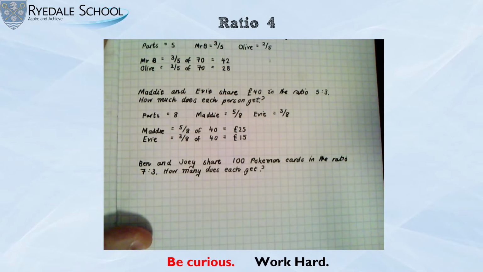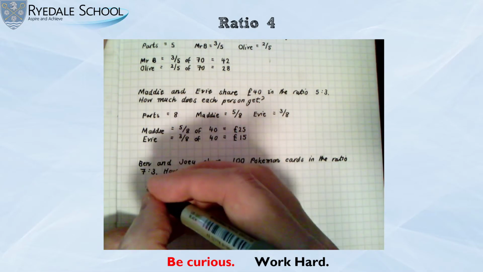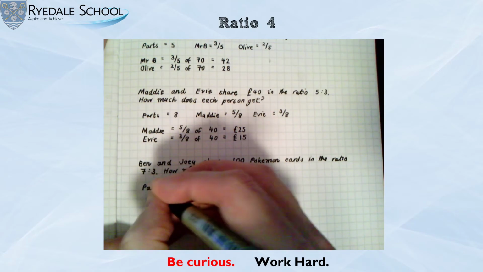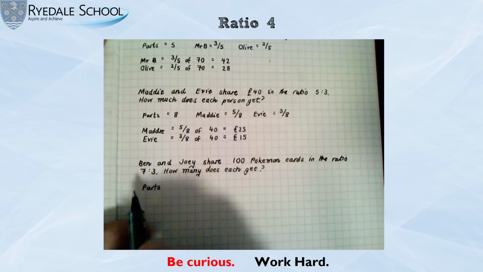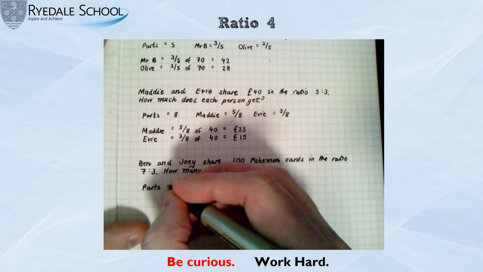Got Ben and Joey sharing 100 Pokemon cards in the ratio 7:3. How many does each get? So, how many parts do you think it is? It's going to be 10 parts. 7 add 3.